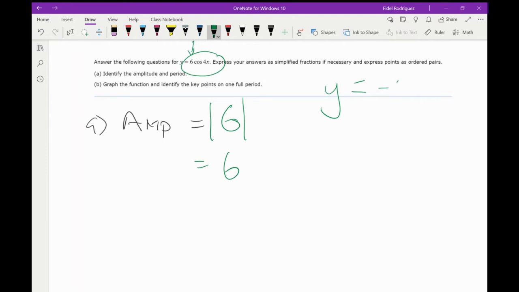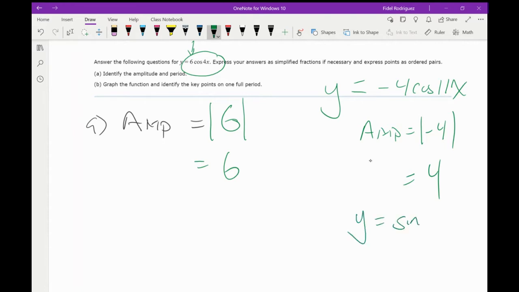But if we had something like this, then we would say the amplitude would be the absolute value of -4, which is 4. That's right. Guys, let me ask you another question. I'm going to keep it really easy for us. What is the amplitude of this one? 1, right? If you don't see a number in front, it's supposed to be 1, okay?